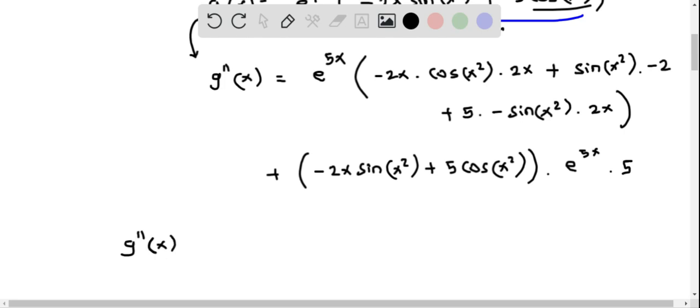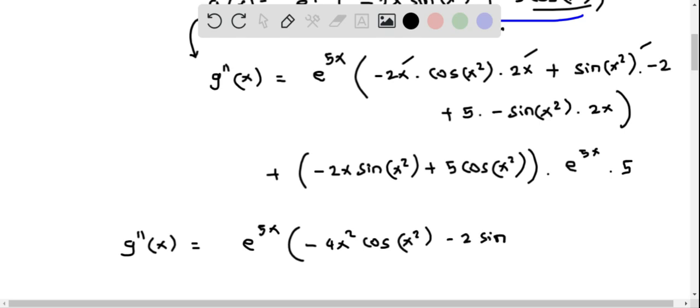So I write g double prime of x, this equals e power 5x times, this one is negative 2x times 2x is negative 4x squared, and then cosine x squared. Here we have negative 2 sine x squared, and here we have 5 times 2x is 10x, but we have a negative here, so it is negative 10x sine x squared.